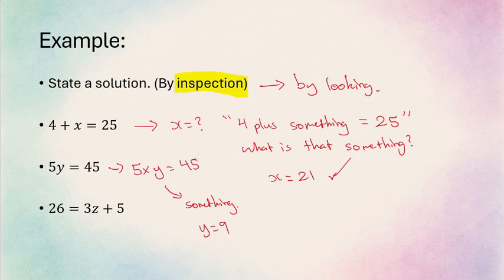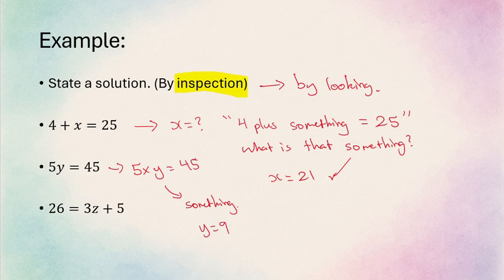Finally, we have something like 26 is equal to 3 times something plus 5. So I'm going to multiply something by 3 first, and then I'm going to add 5 to it. So what do you reckon I'm going to multiply 3 by? It's your job to figure it out.